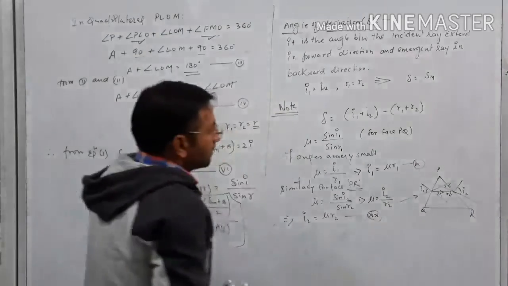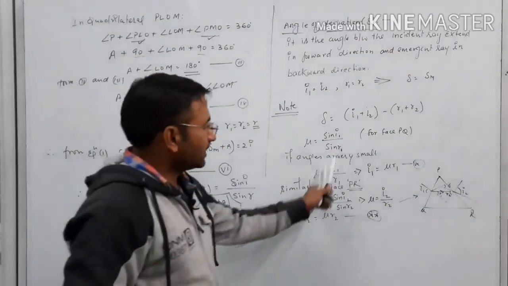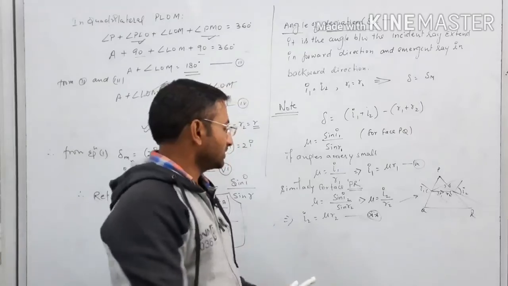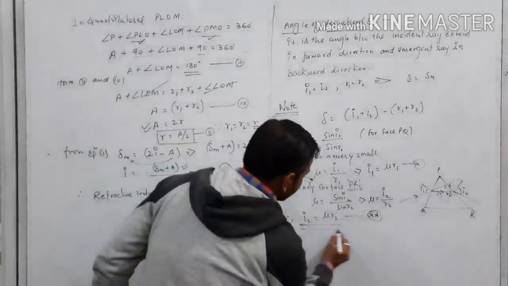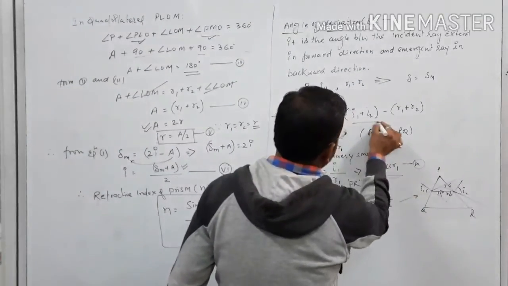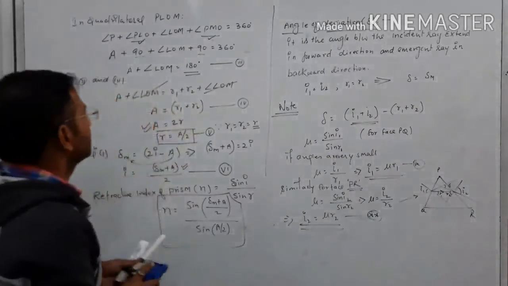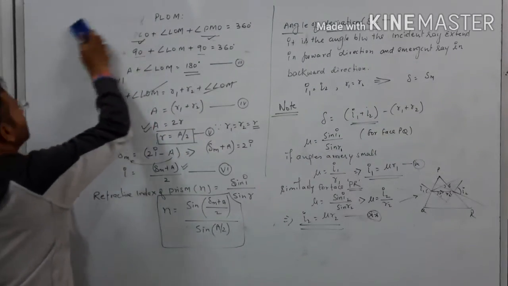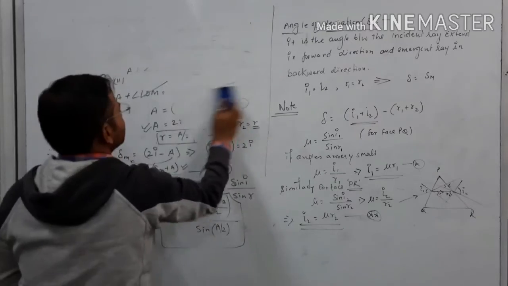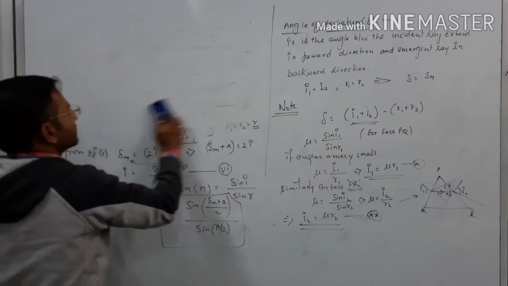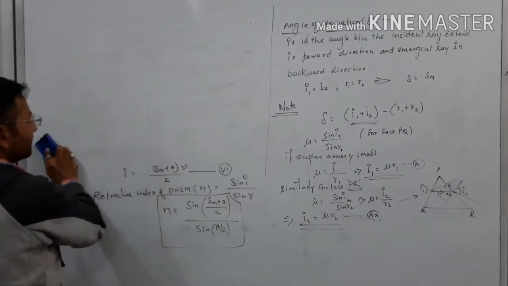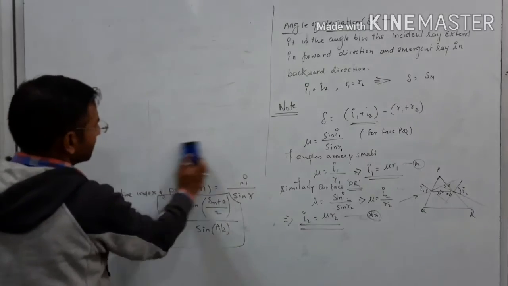Now we can substitute the values of I1 and I2 from these two equations to obtain the relation between the angle of deviation and refractive index of prism, which is a very important and useful formula for you.